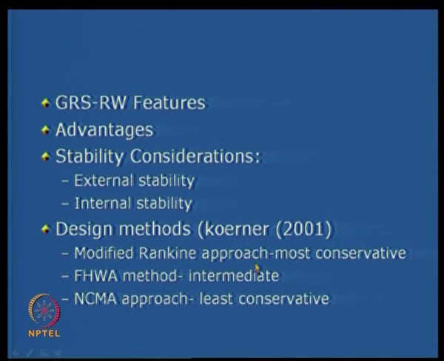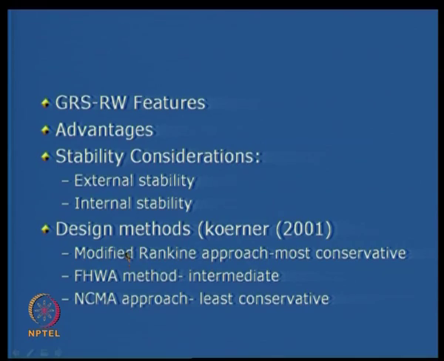The Rankine approach is one, like 1 minus n5, that type of approach we use, and we have the Federal Highway approach, which is by one standard code. Then we have the NCMA approach, another one, and we also have BS 8006, the UK code. These are from the UK and US, and most of the codes in the world follow many of these codes, and sometimes different countries have their own codes also.